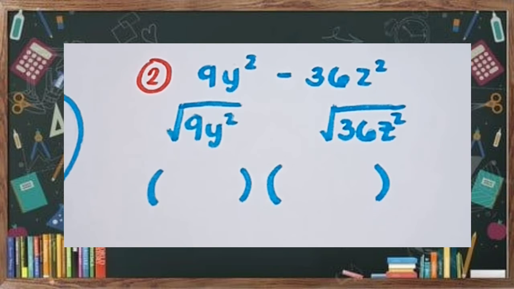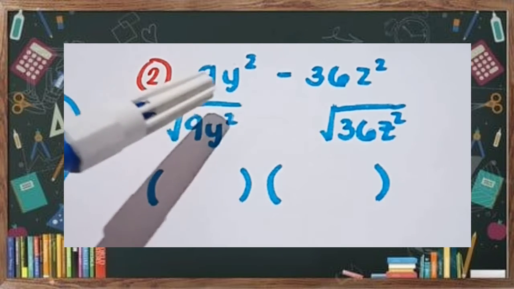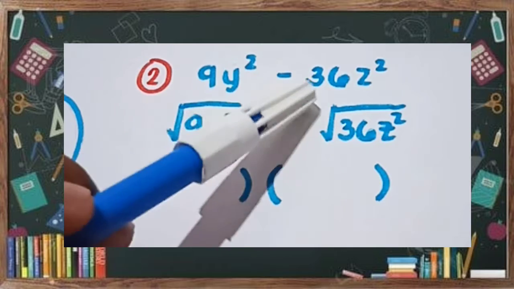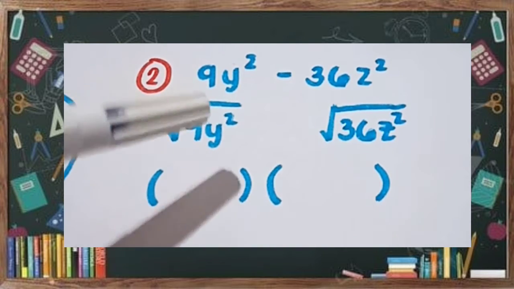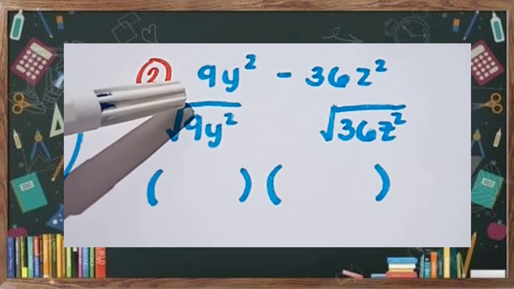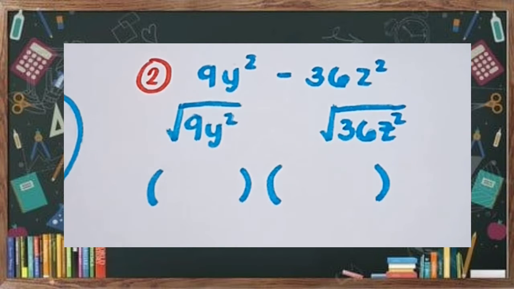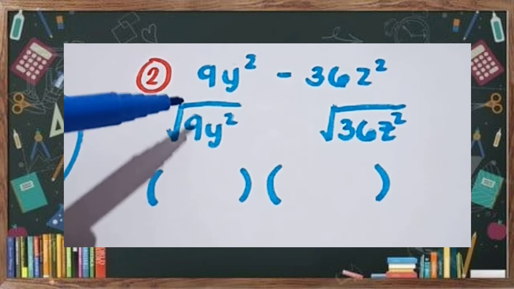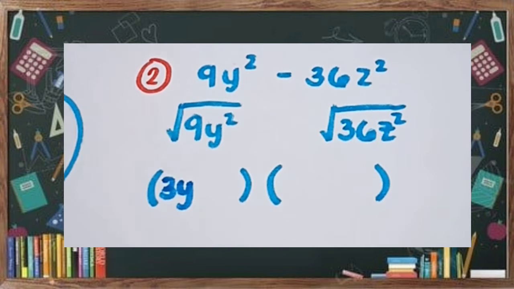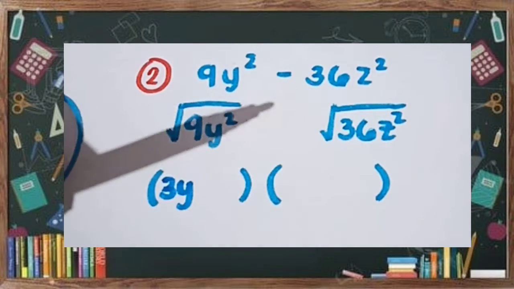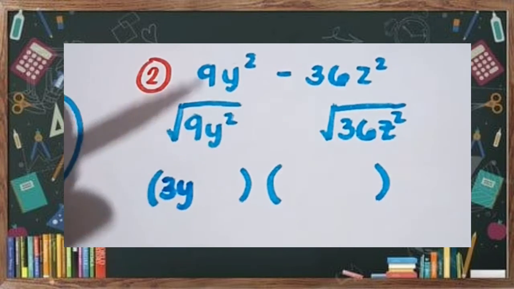Let's have another example. So, our given is 9y squared minus 36z squared. Okay, so let's first get the square root of the first term. So, square root of 9y squared is equal to 3y. Okay, then, what is the square root of 36z squared?